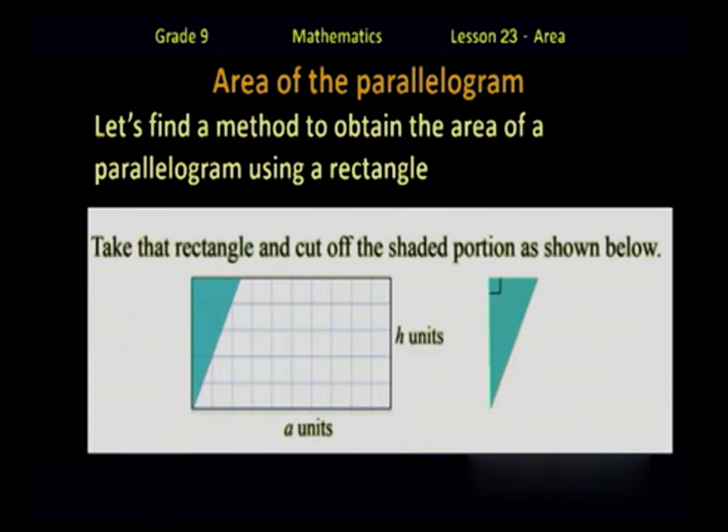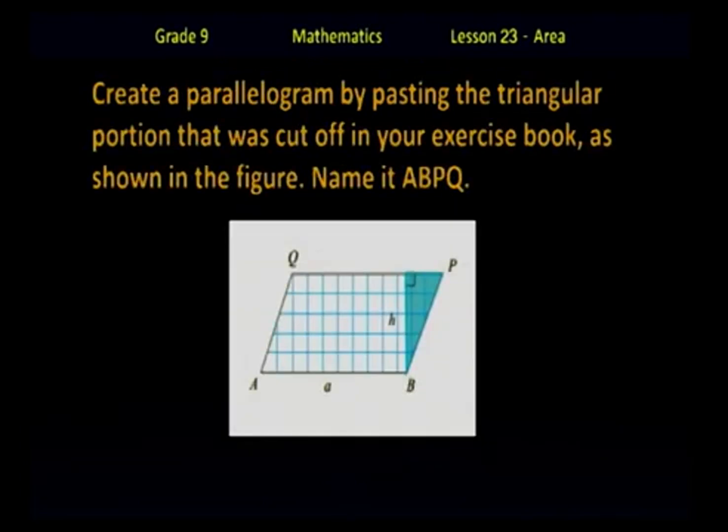It is highlighted in this picture. Then you can cut it off. Then take that portion and fix it on the other side of the rectangle. How can you do it? Look at this diagram. Now the separated triangle is pasted to the other side.